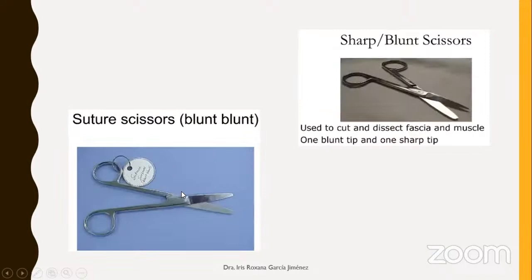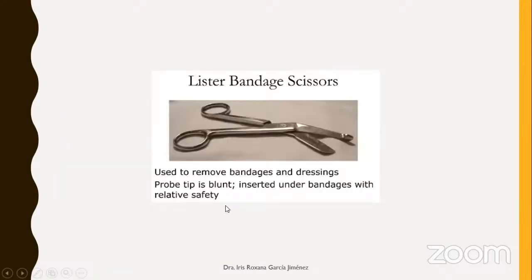We have the suture scissors. You can see it's a different shape on the scissors, the blunt. The sharp blunt scissors again. You can see one with a sharp point, the other with two blunt points. The Lister bandage scissors. We know that it's for bandages because of this rolled point, yes, a detail.